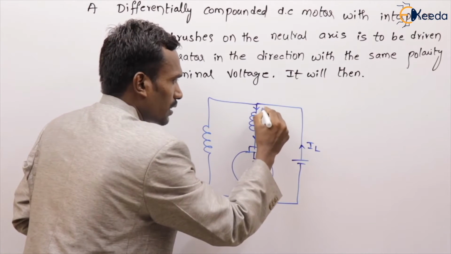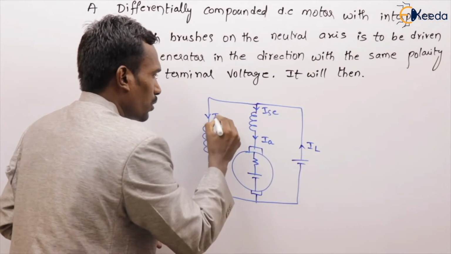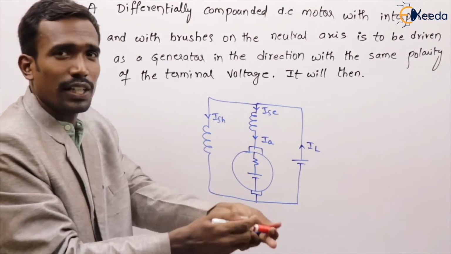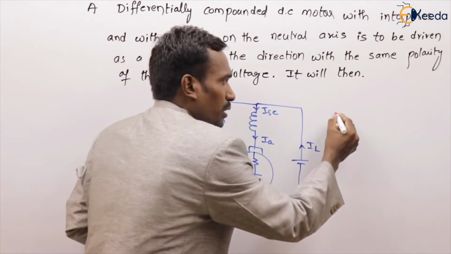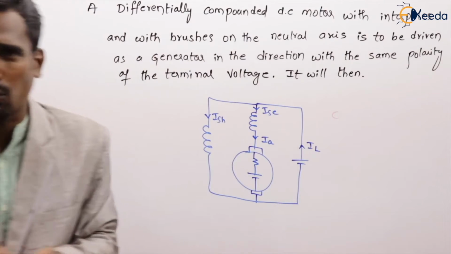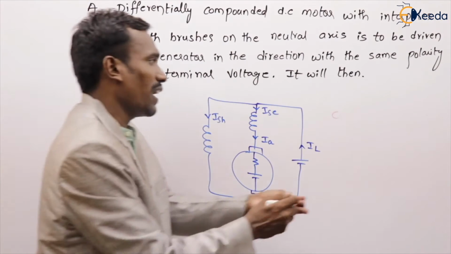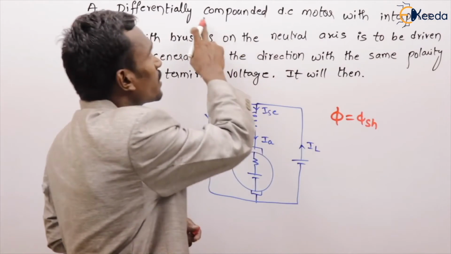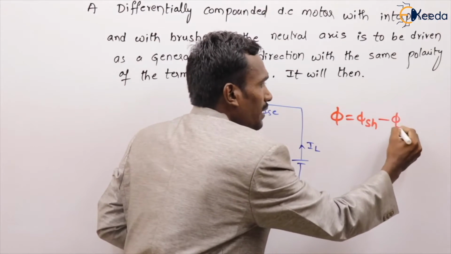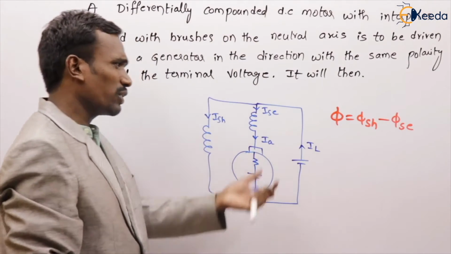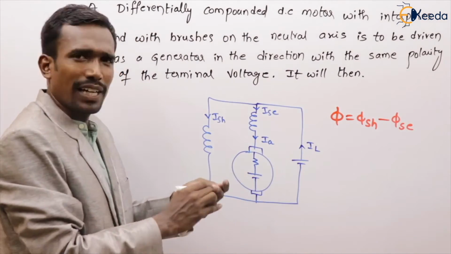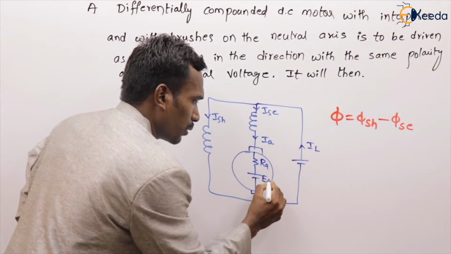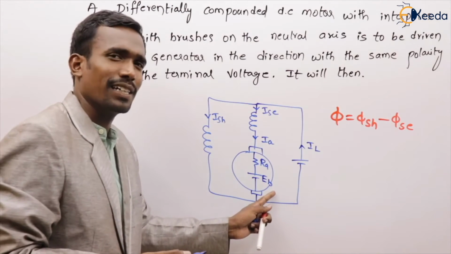How can we decide whether it is differentially compound or cumulative compound? The flux phi is equal to phi sh minus phi se. So this is my differentially compound motor, and that's why EB, the back EMF.